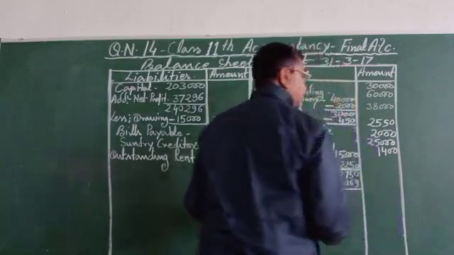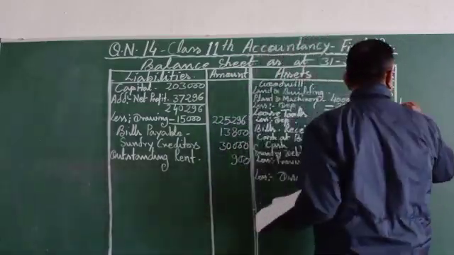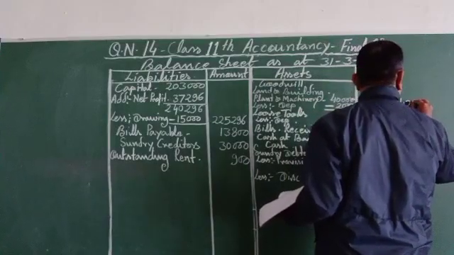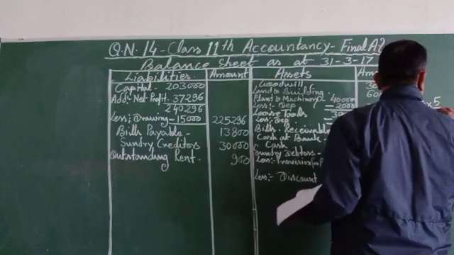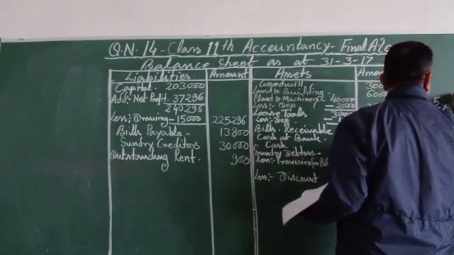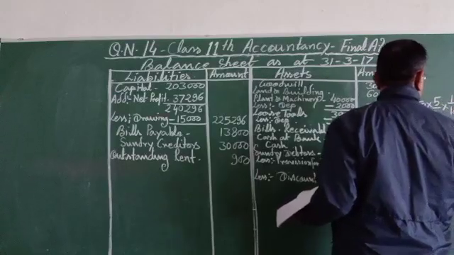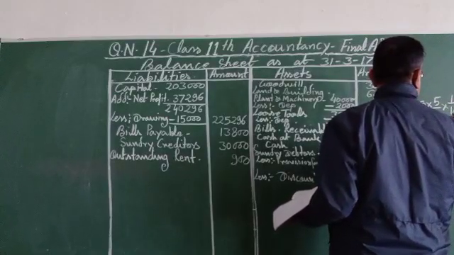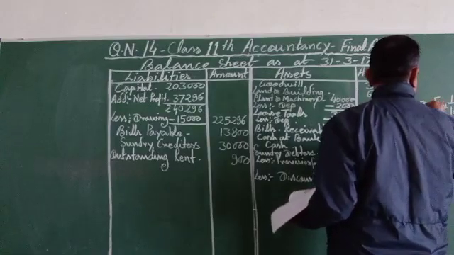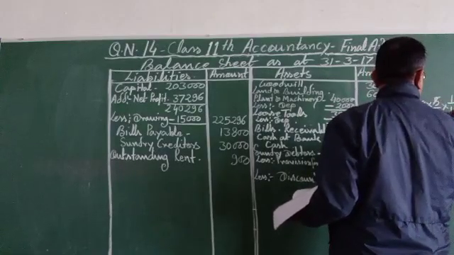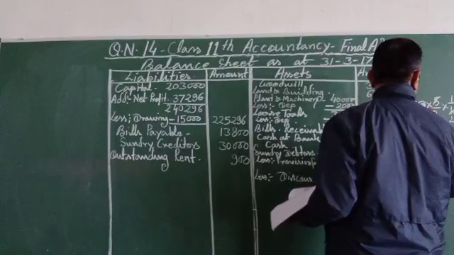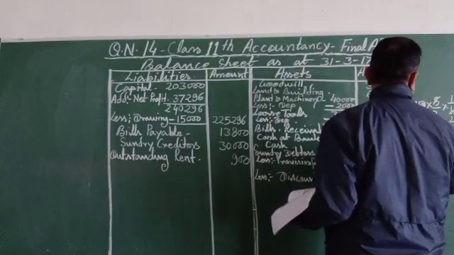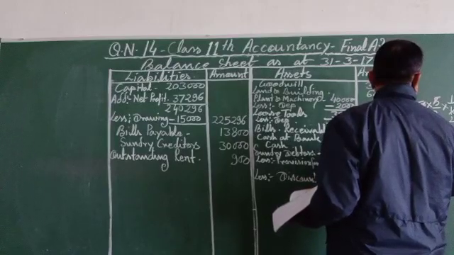We can calculate it this way: 42,750 into 2.5 into 1/100.